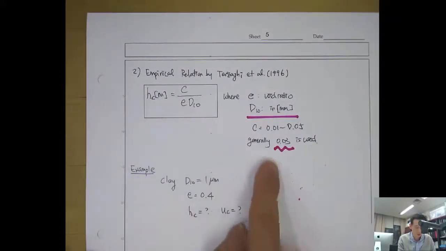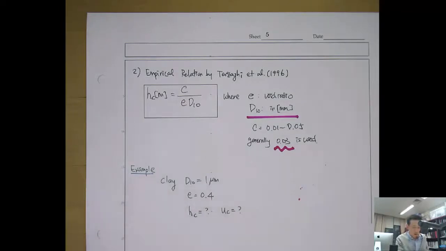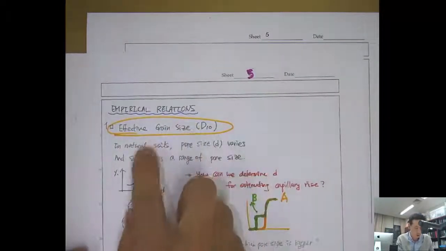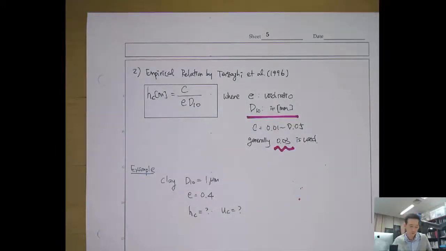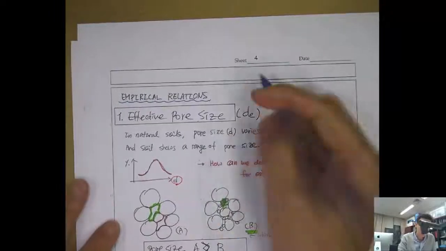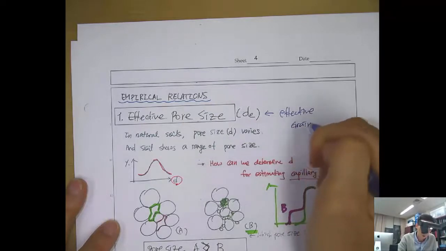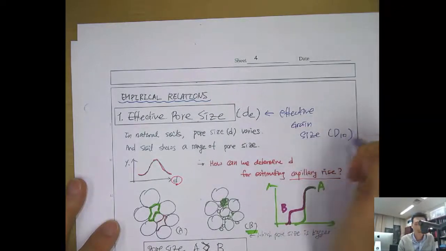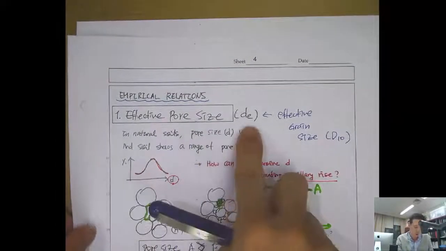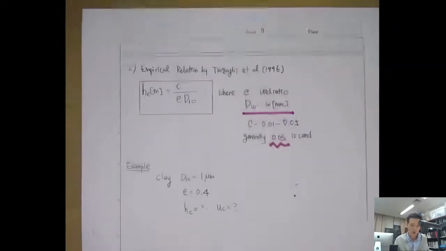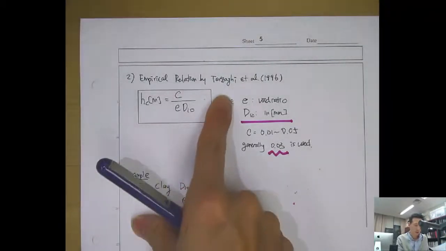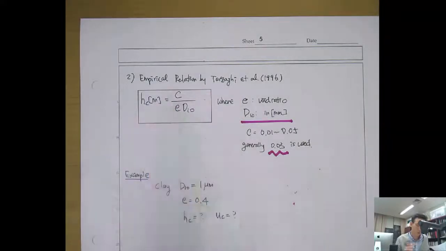So you can directly use this equation. Here we've seen two empirical relations: one uses the effective grain size D10 to estimate the effective pore size and then the capillary rise using the theoretical equation, or you can use the empirical relation by Tae-Hyuk and his co-worker using this equation. Okay, thank you.